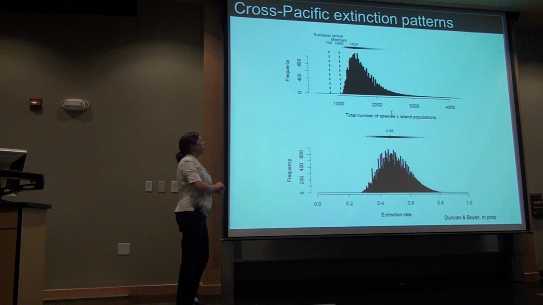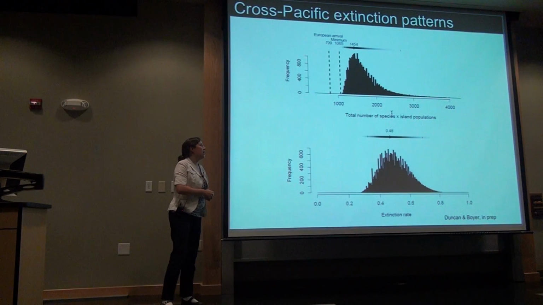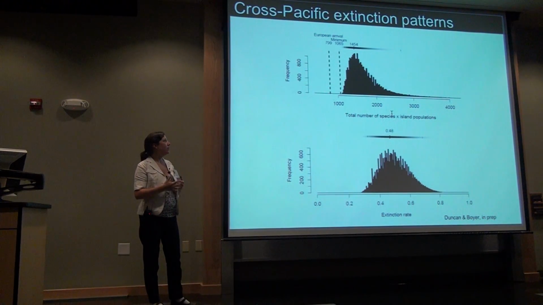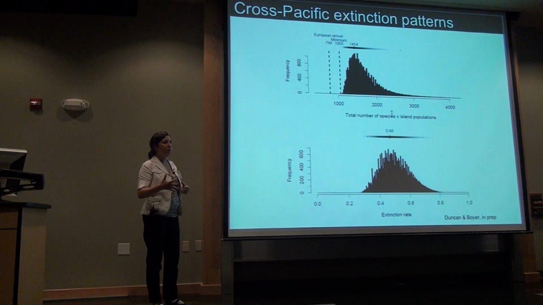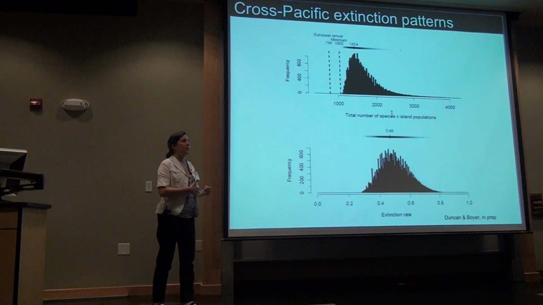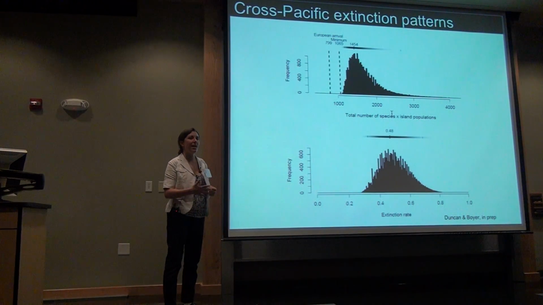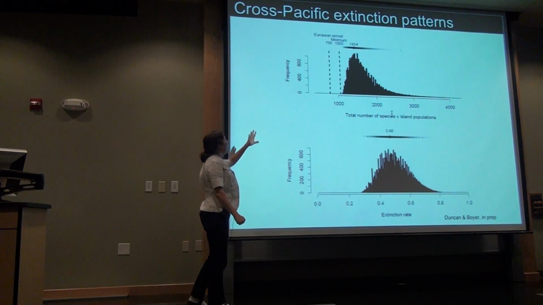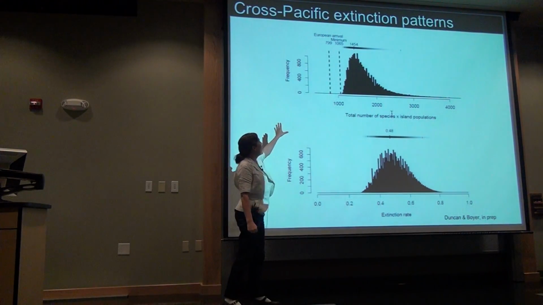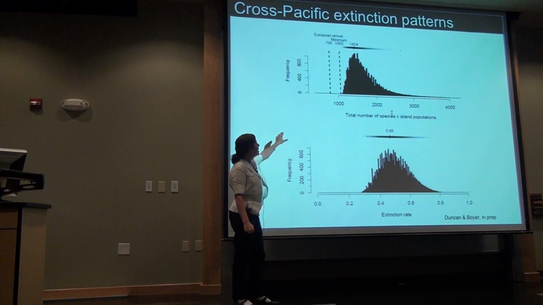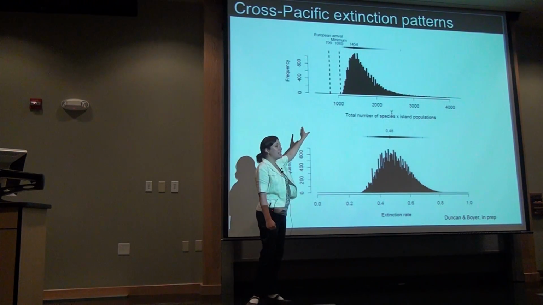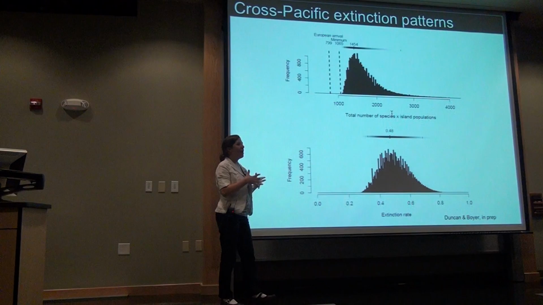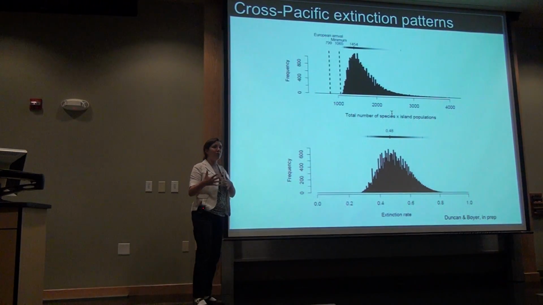So one of the things that we first have to capture here is to understand how complete the fossil record is and how many populations and species actually went extinct at human colonization. What I'm showing at the top figure is a histogram that's an output of a Bayesian hierarchical mark recapture model.